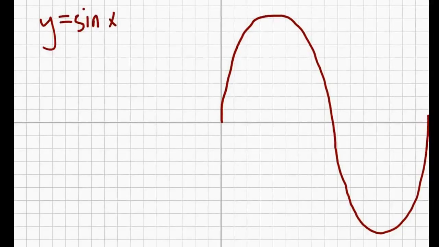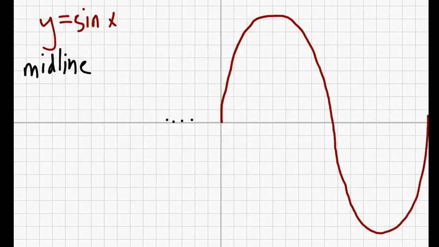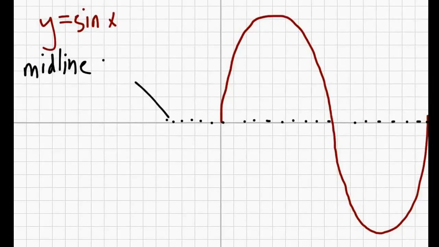The first one is the midline, which is the location that would cut that graph in half, just like it sounds. So it'd be the line that cuts this thing in half, halfway up, halfway down. In this case, our midline is basically the x-axis, right? For the regular y equals sine x, the x-axis is what divides that in half.